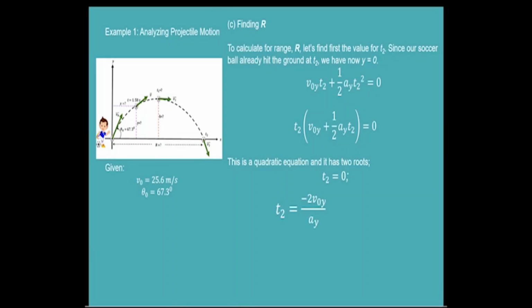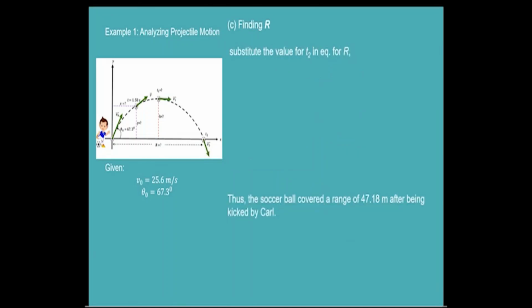Now, let's substitute the values, where 2 is multiplied to 23.62 meters per second, but don't forget that there is a negative sign here, all over negative 9.8 meters per second squared. Performing all the necessary operations, multiply then divide, the second root for time is equal to 4.820 seconds.